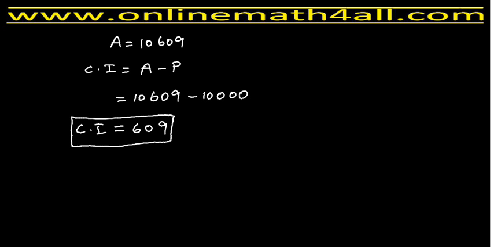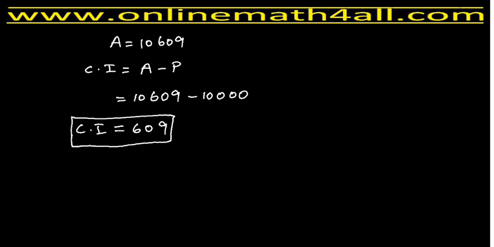So what will be the rate of interest? That is my question. Students, please do understand. So far I have invested $10,000 and I have earned 609 interest in compound interest. Now I am going to invest the same money, $10,000, and I would like to have the same interest 609, but this time I am going to deposit in simple interest.